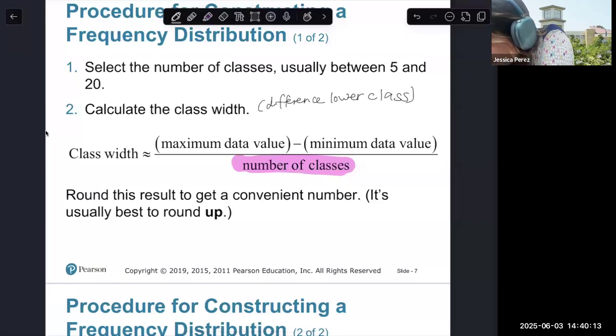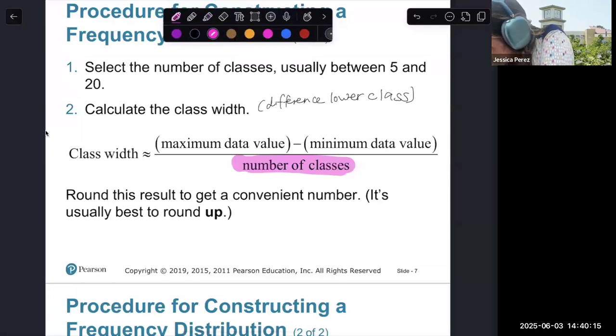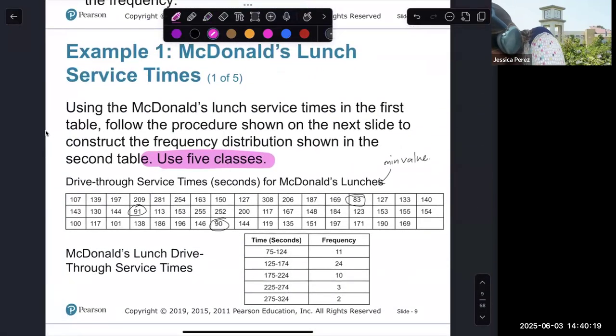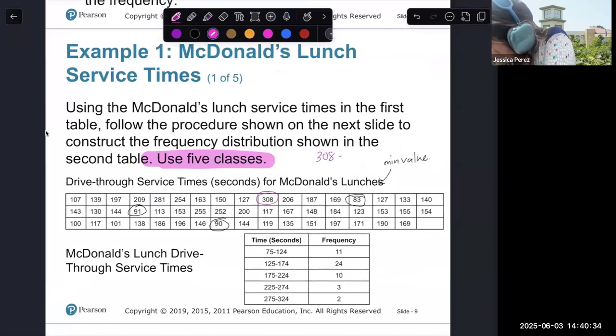Looking at the maximum data value, it looks like 308 is the highest one. So we look at 308 minus 83, divided by 5, which gives an approximate class width, and we want to round up.